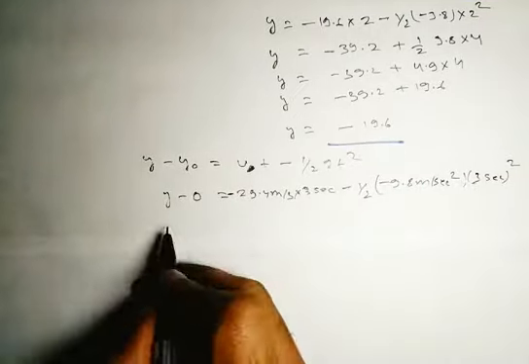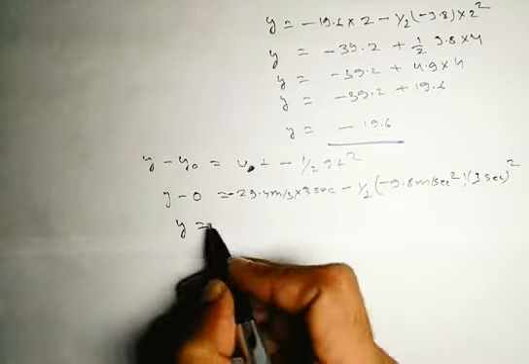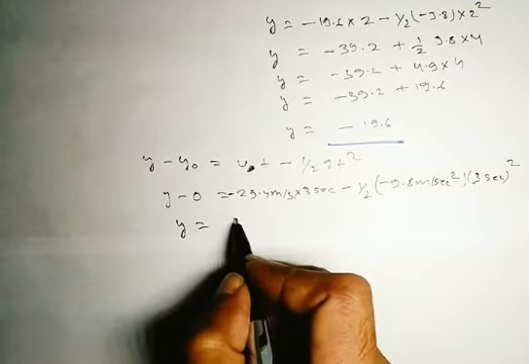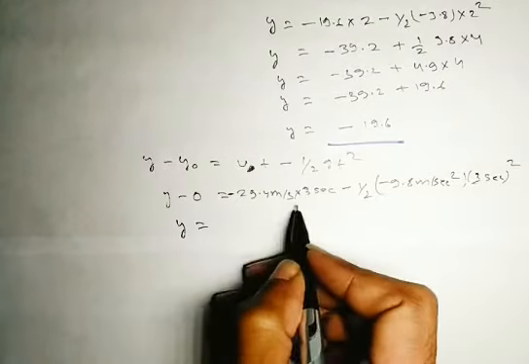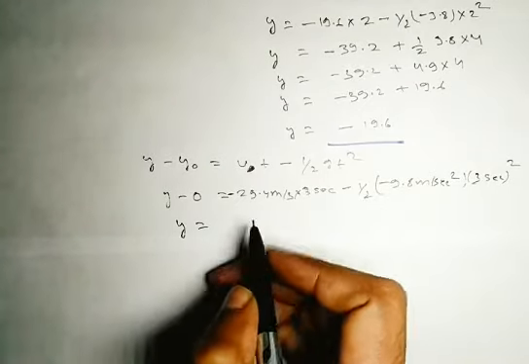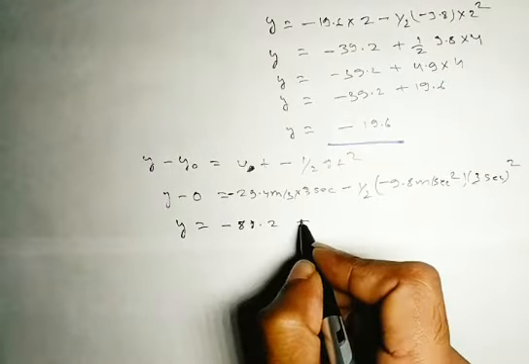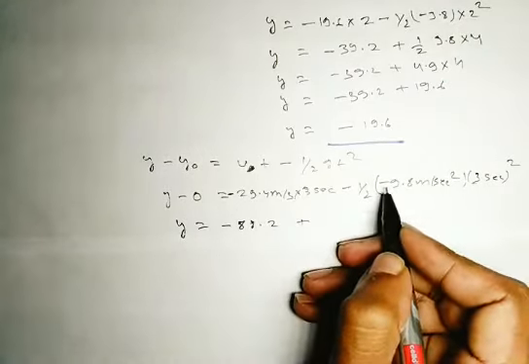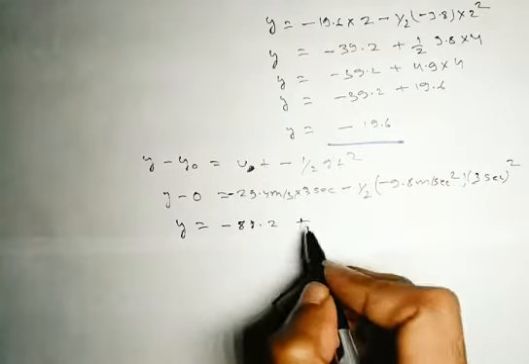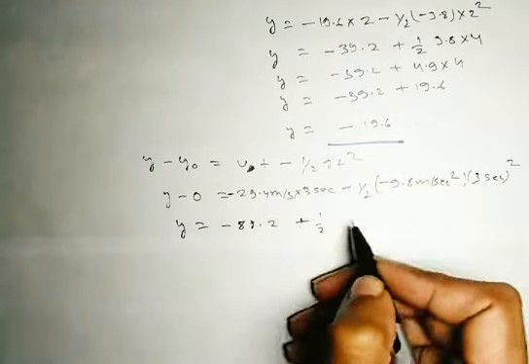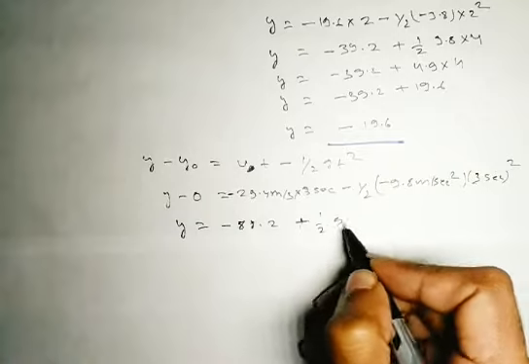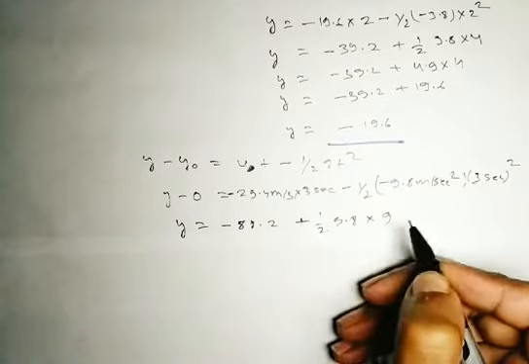So what will we get? y equal to 29.4 into 3 equal to minus 88.2 plus, because negative times positive, half into 9.8 into 9.